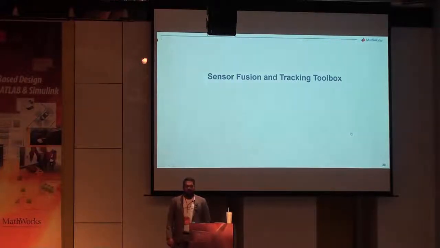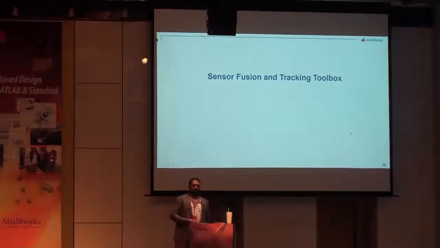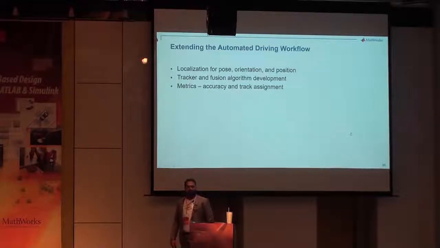And with that, I want to take the last few minutes and talk about the new Sensor Fusion and Tracking Toolbox. This toolbox does not require Automated Driving Toolbox. They're kind of separate, but they're also kind of linked. So the main advantages you get with this new toolbox is that you get additional localization for the object you're looking for.